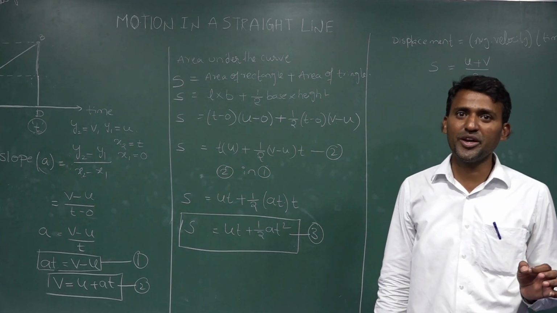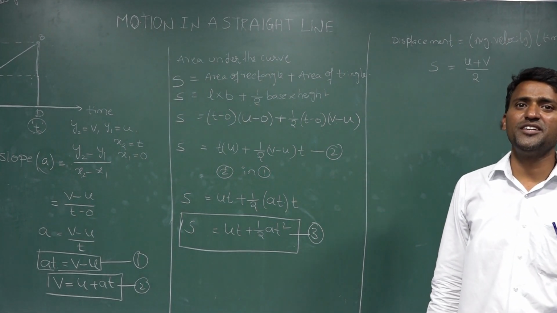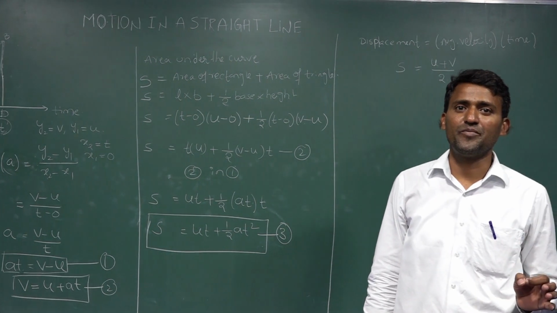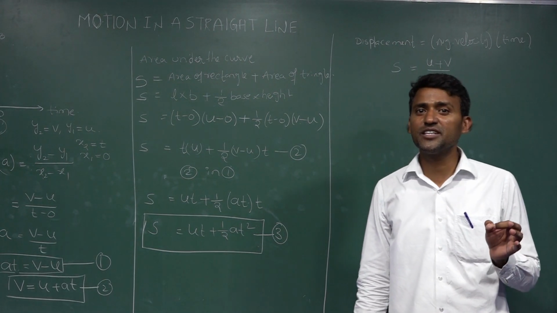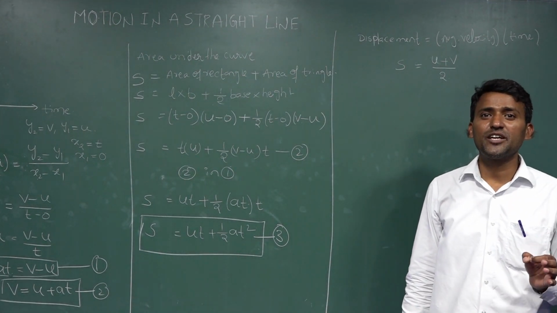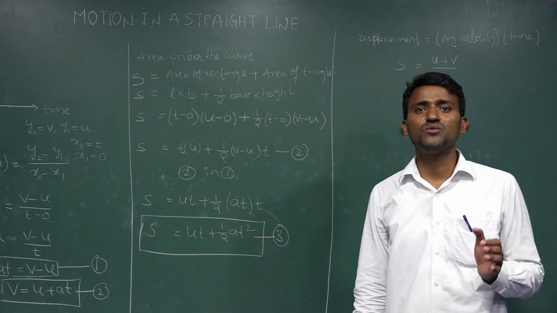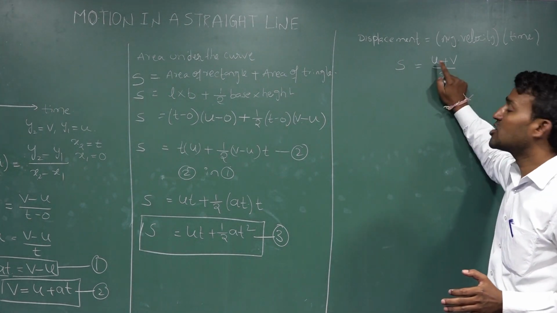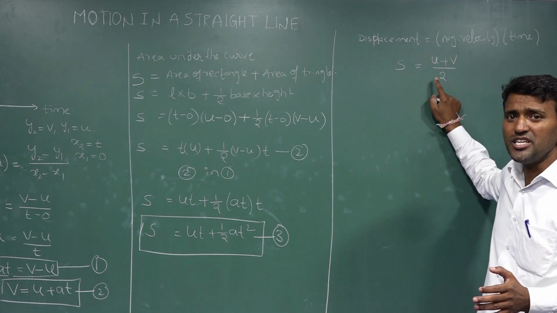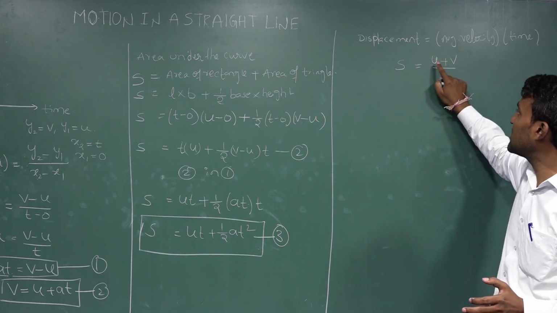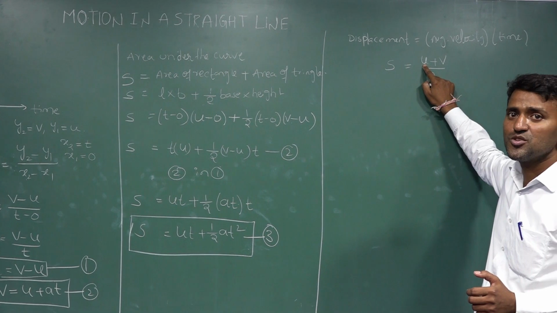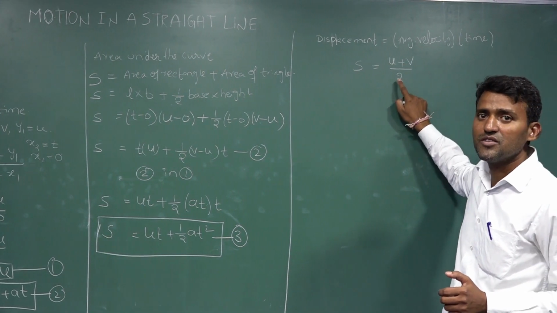When an object is covering different speeds in equal time intervals, at that moment average velocity is equal to v1 plus v2 divided by 2. We proved this already. So v1 is the initial velocity u, and the final velocity is v, divided by 2.